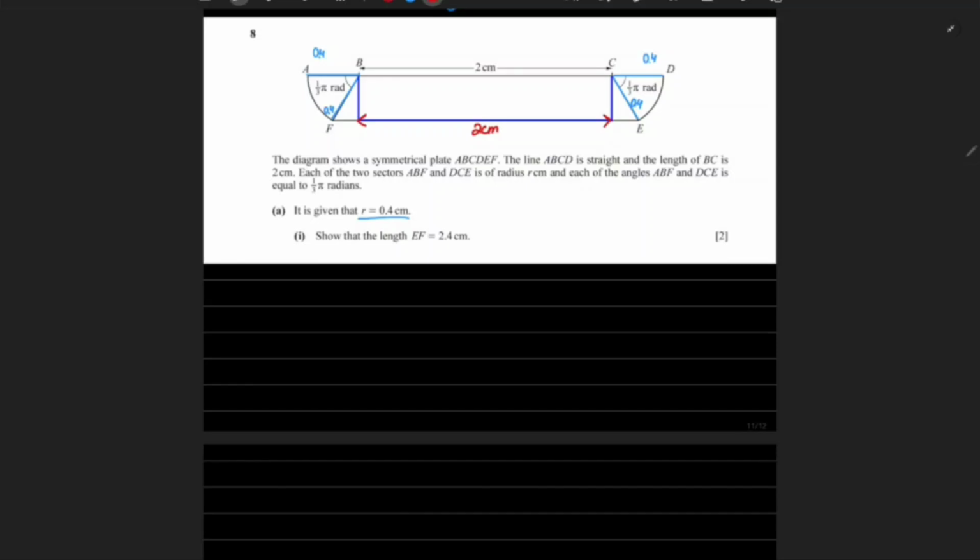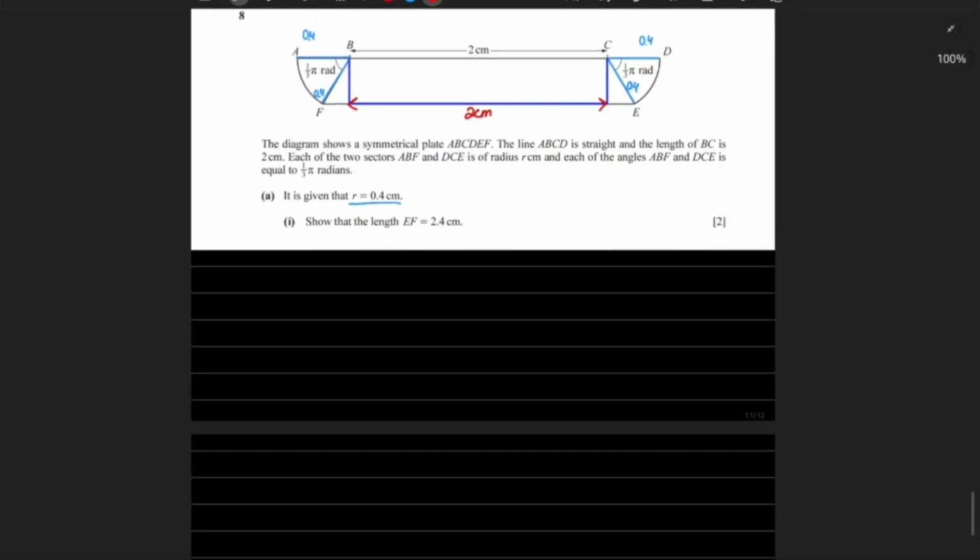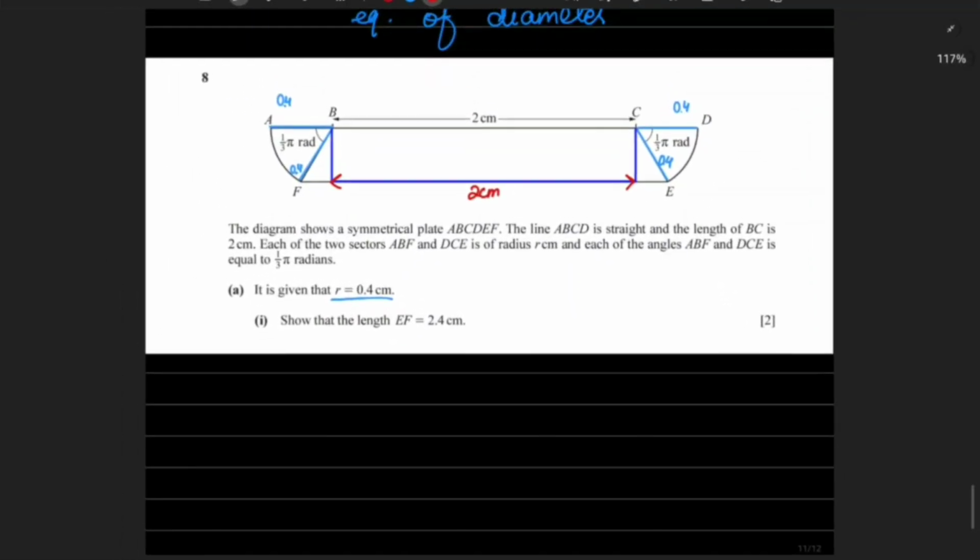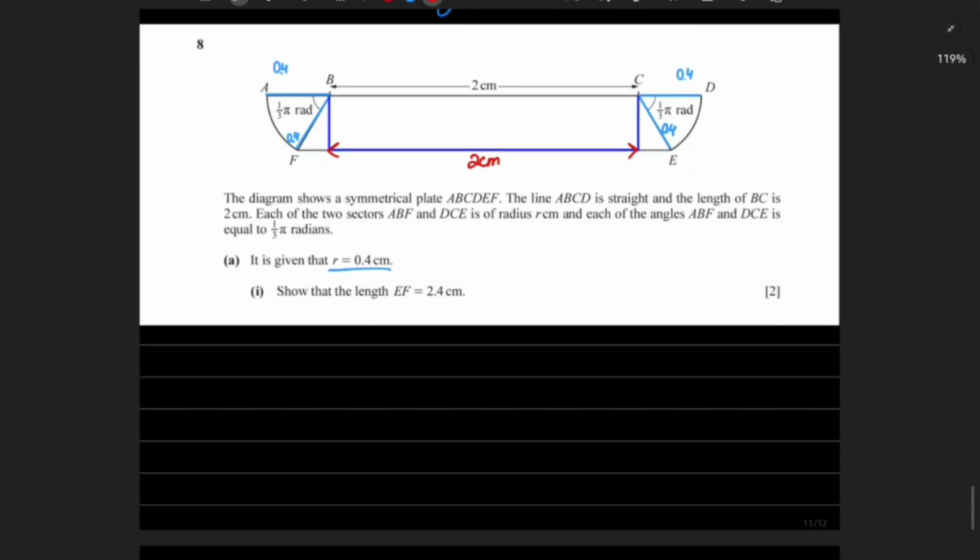Now try and understand what we are supposed to find. We need to show that the length EF is equal to 2.4 centimeters. So we need to find this total length E to F.